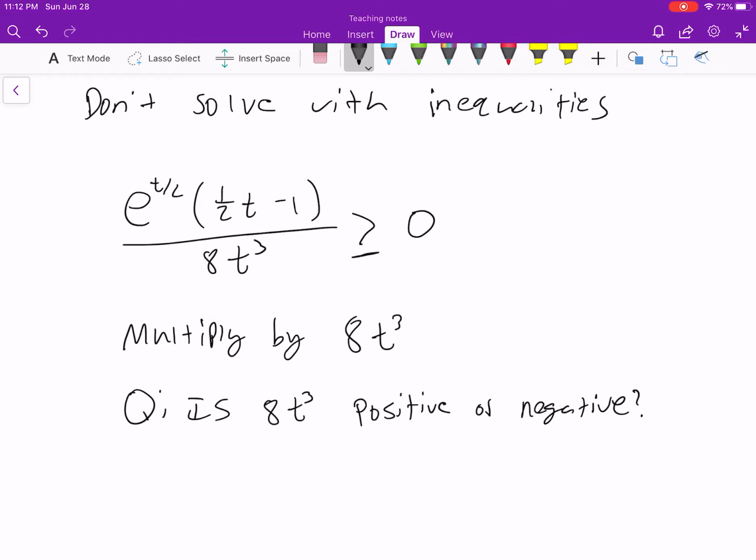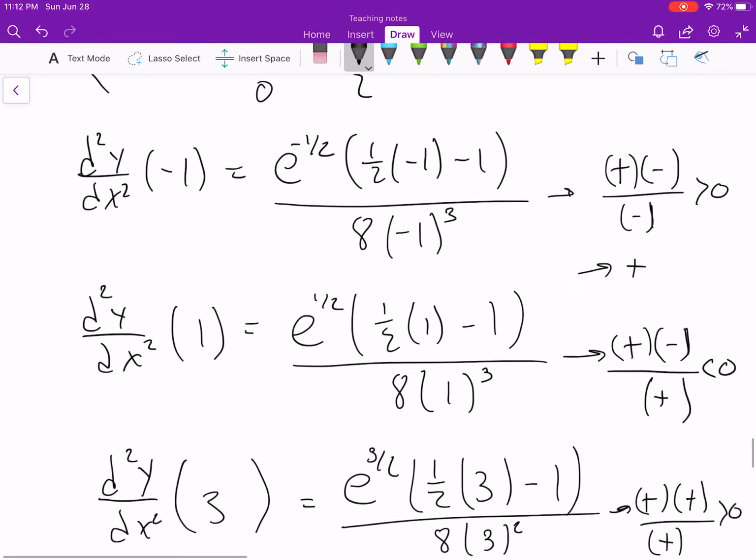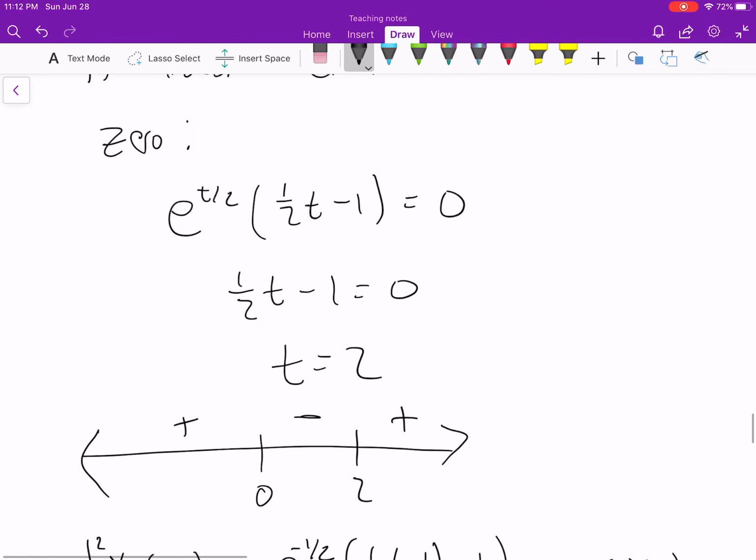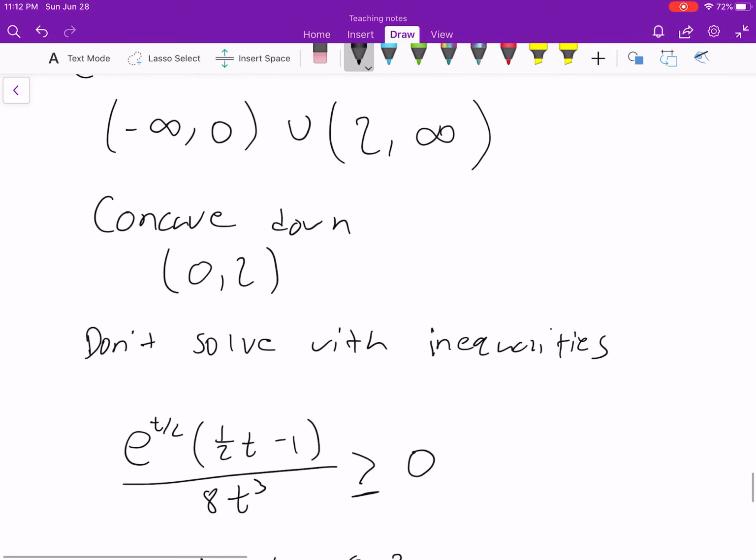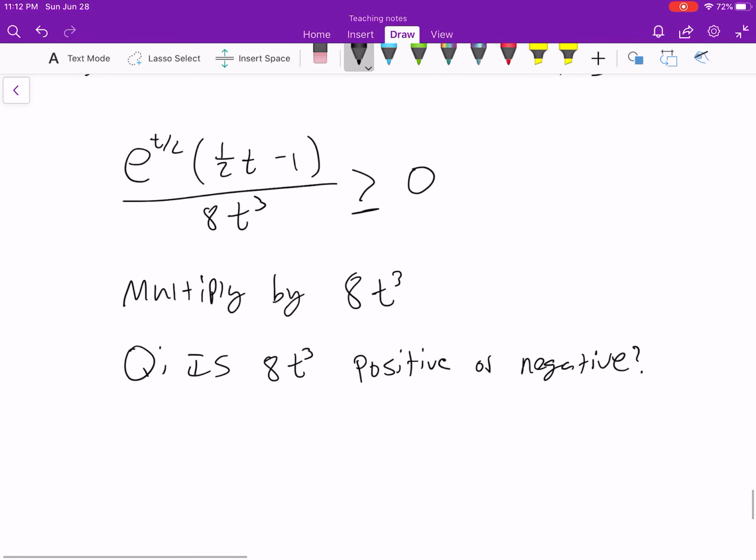So you can do these with inequalities. It's just you have to be very careful, and it's much harder. So Calc 1, you should have seen how to do these. In the example I did in the lecture slides, the functions were easy enough that I could look at it and say, okay, this thing is always positive, and this thing changes sign here.